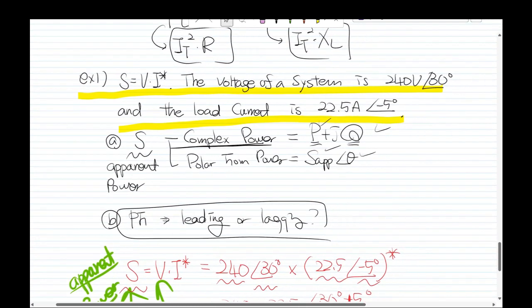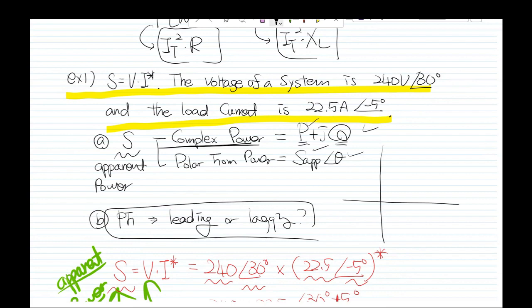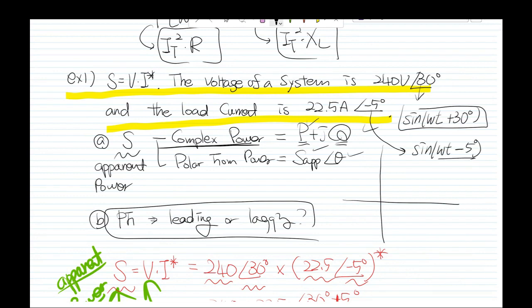The voltage is 240 at 30 degrees, and the current is 22.5 at minus 5. So that was sine omega t plus 30, and that is sine omega t minus 5.